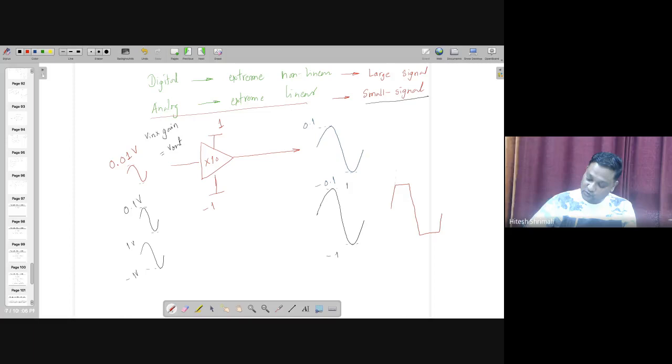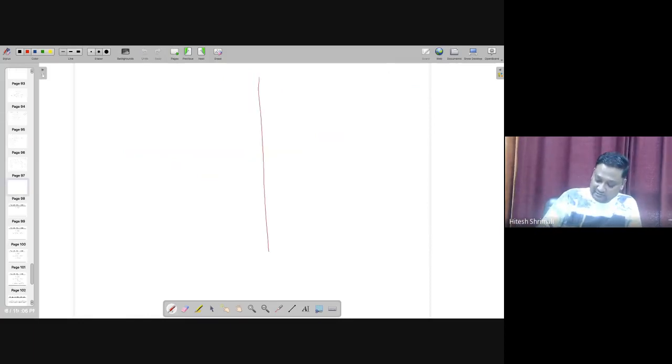Actually, it wanted to go to plus 10 and minus 10. However, it cannot go there because the supply voltage is plus 1 and minus 1. So it will be saturated and it's as good as a square wave, and such kind of non-linearity is known as saturation.